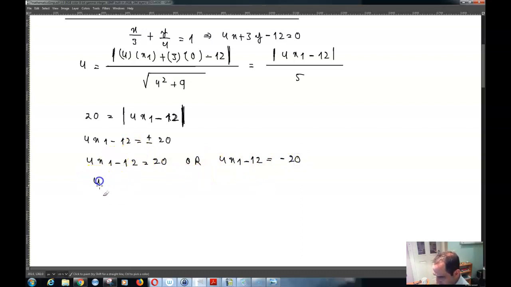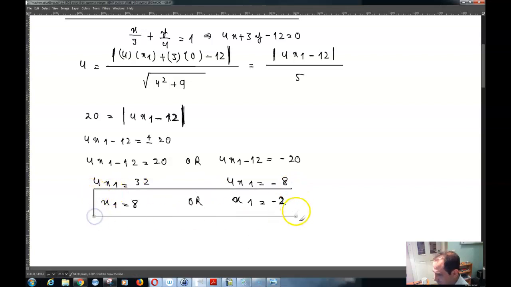In this case, you have 4 times x1 is equal to 32, which means that x1 is equal to 8, or 4 times x1 is equal to negative 8, which means that x1 is equal to negative 2.